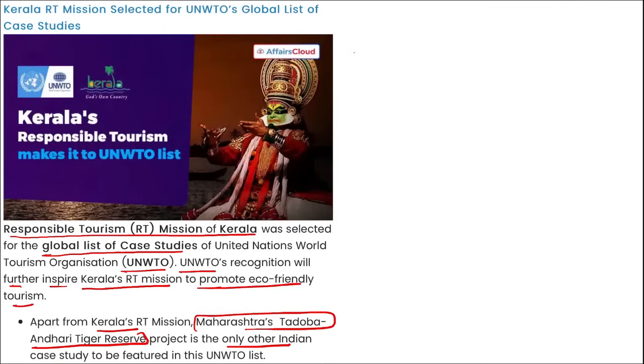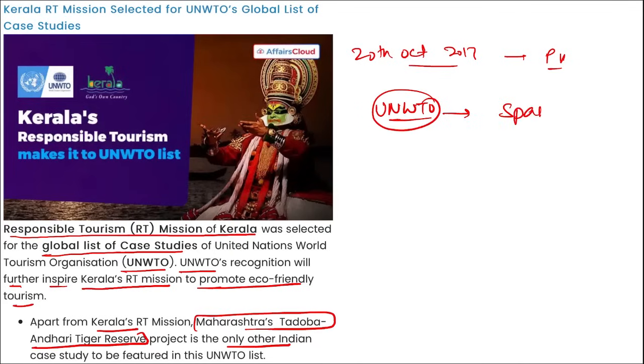If we talk about this Kerala Responsible Tourism, this was launched on 20th of October in 2017 by Pinarayi Vijayan, who is the Chief Minister of Kerala. Right? Next. Then tell me, where is the headquarter of UNWTO? It is in Spain. And in Spain too, where is it? It is in Madrid, Spain. Right?